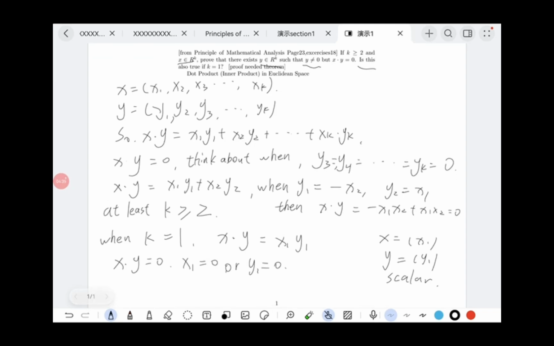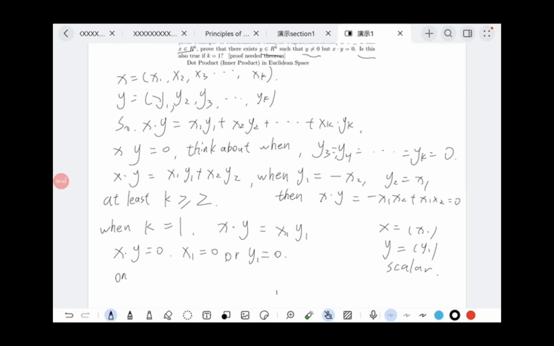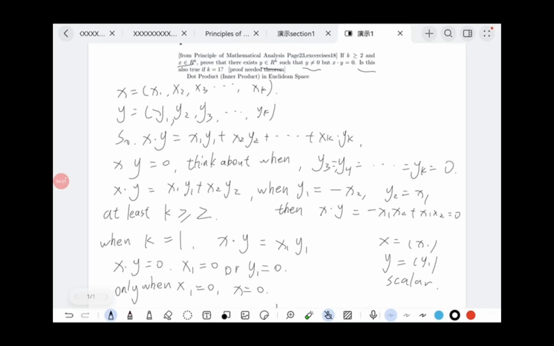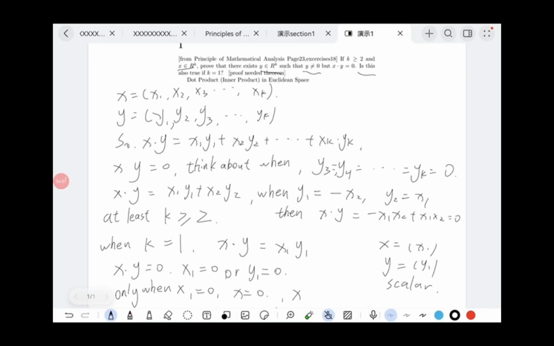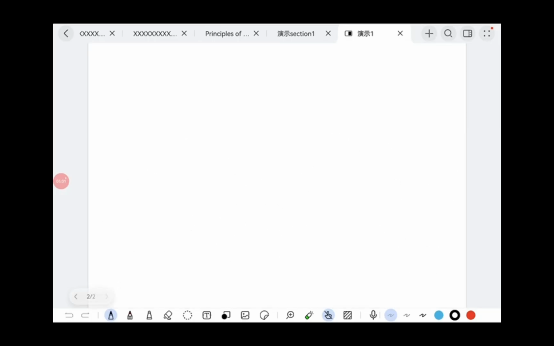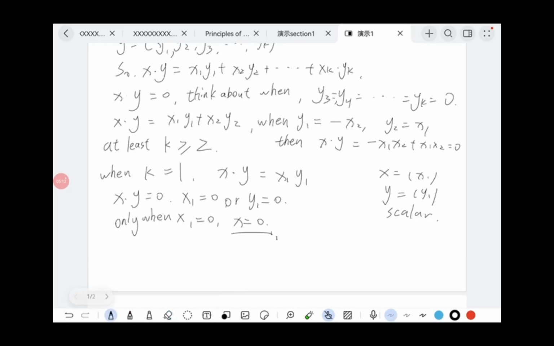So it is only true when x equals 0, but the question does not require x to be 0. So only when x equals 0 will it be true.